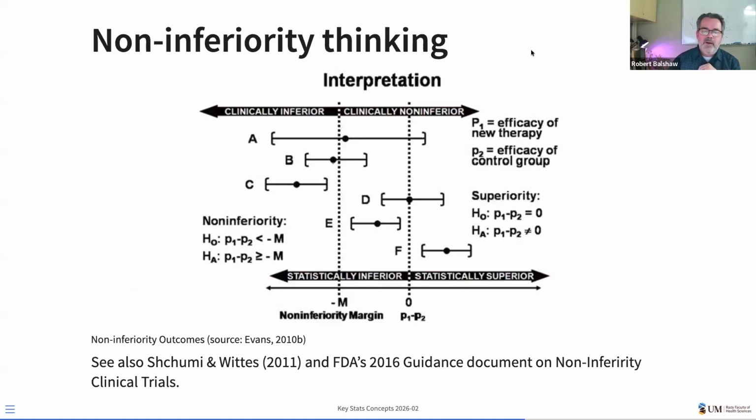How close is close enough? And there's a kind of famous cartoon that shows up, in very minor variations, where the primary tool for establishing non-inferiority usually boils down to a confidence interval, and the width and location of the confidence interval and its endpoints are usually used as the basis of the statistical evaluation at the end of the trial.